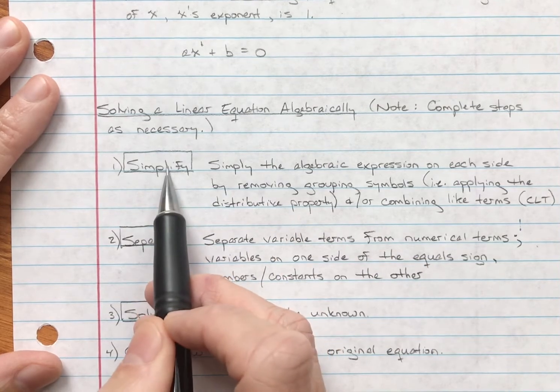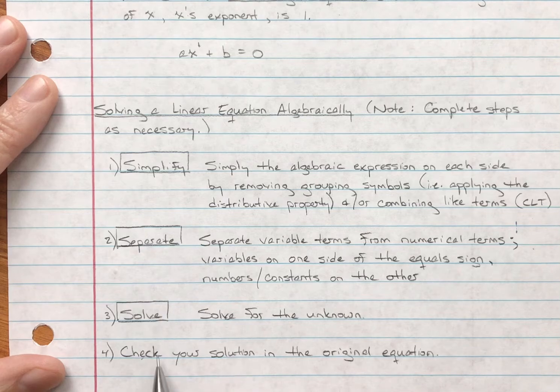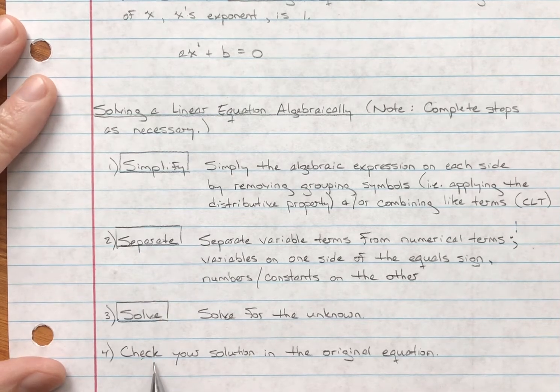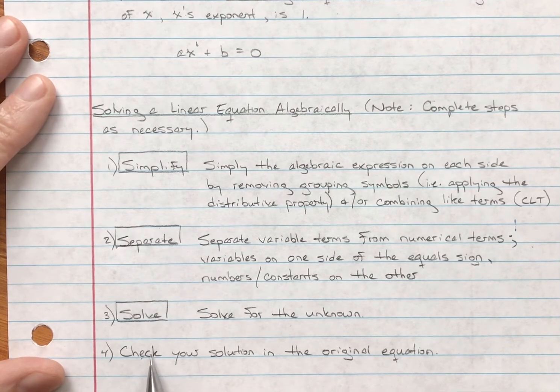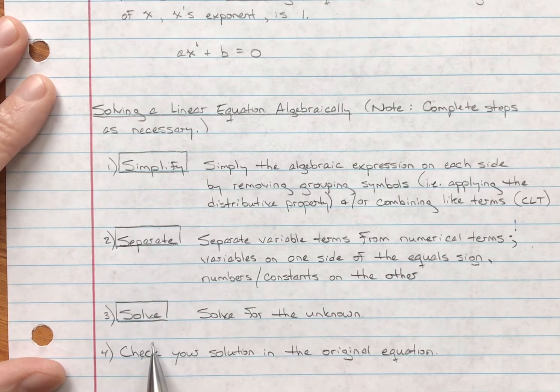We're going to simplify, separate, and solve, and then we always check. Equations are always checkable. You should never wonder, is my answer correct? Because you can always check to see. You can question why your answer is not correct, but there should never be a question of am I right, because you can check and see if you're right or not.